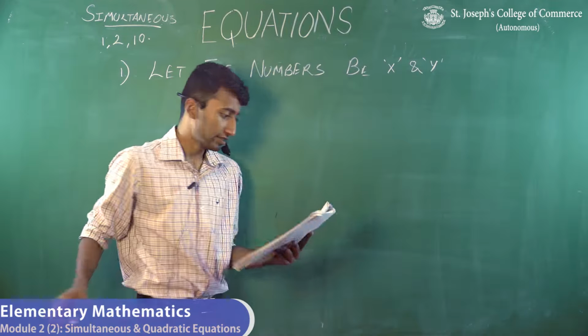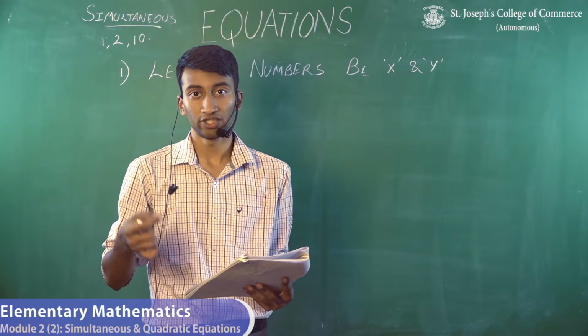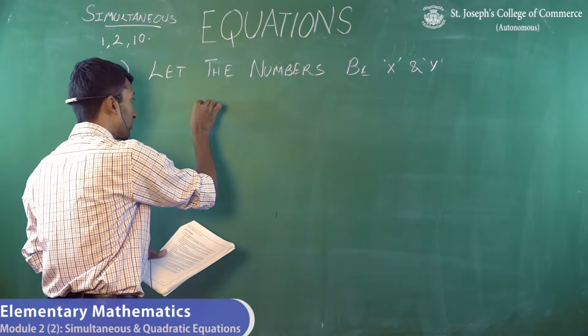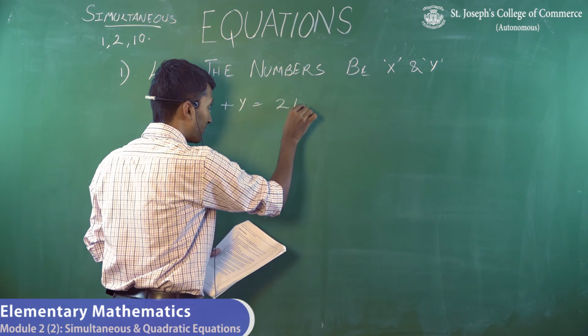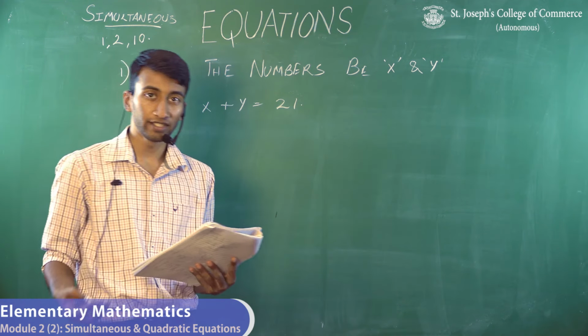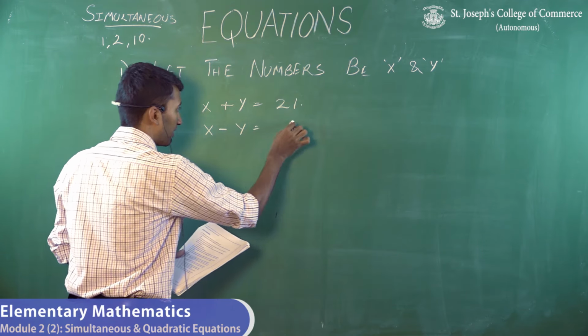So, as the question says, the two numbers whose sum is 21. So that means the sum of x and y should be 21, and the difference is 9. So the difference of x and y is 9.